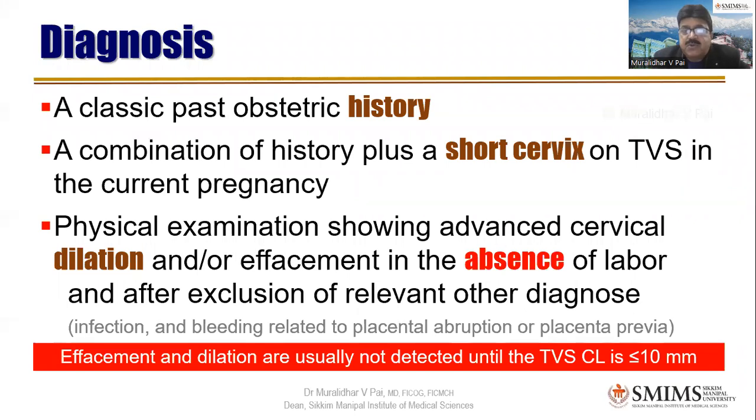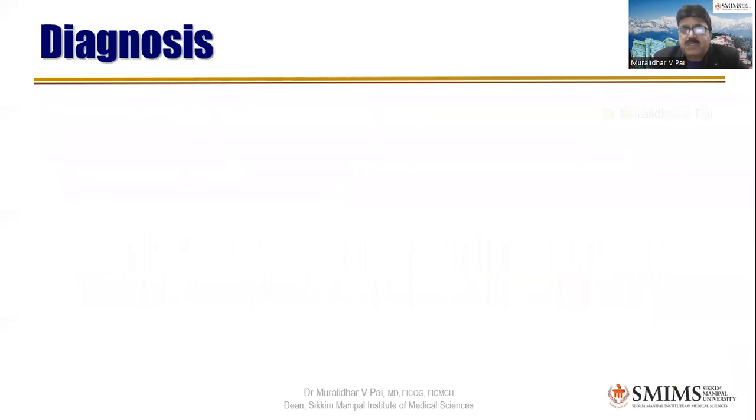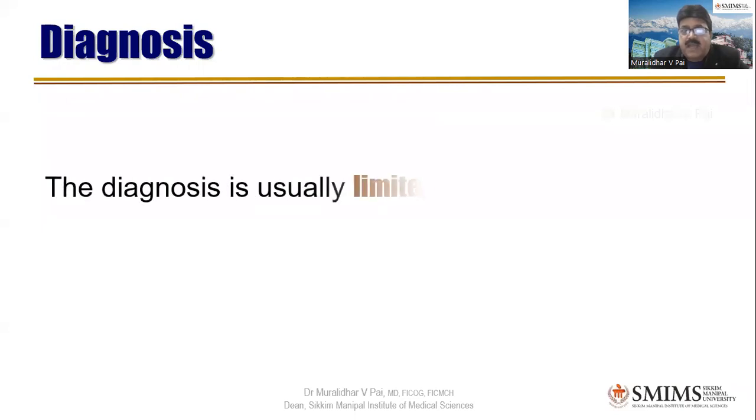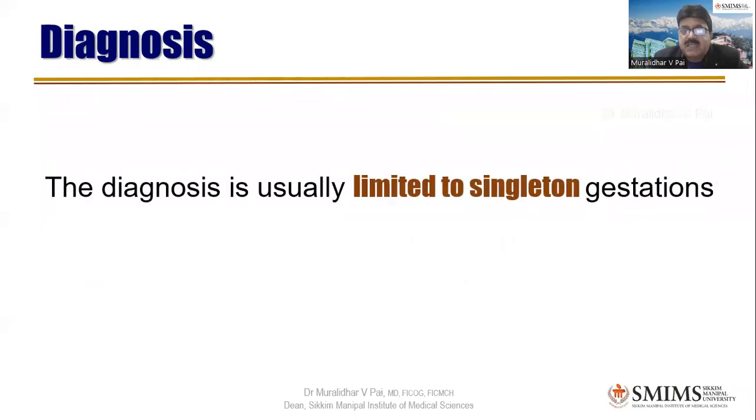Effacement and dilatation are usually not detected until TVS cervical length is less than 10 millimeters. So you may not be able to detect this unless the cervix becomes very short. The diagnosis is usually limited to singleton gestations. This diagnosis is what we are talking about.